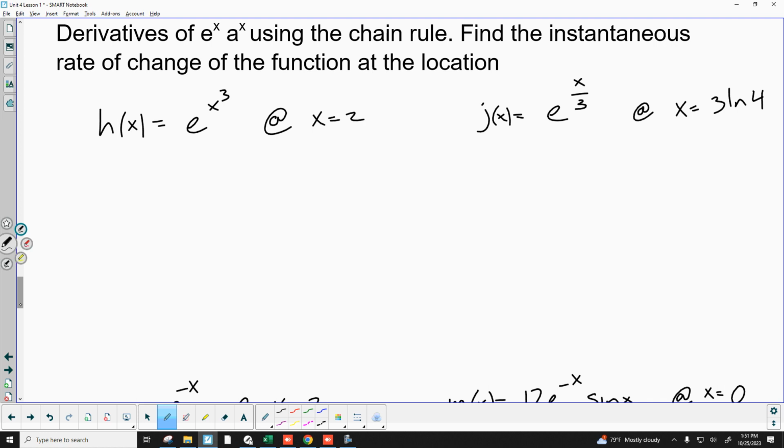Now we get to e to the x cubed. And we see this, and a lot of people are like, oh, let's bring this down and subtract 1, or let's take the derivative of x, blah, blah, blah.